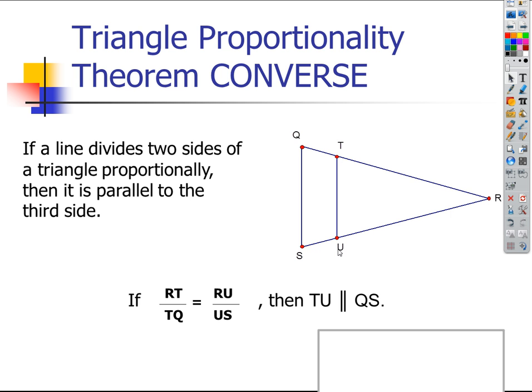If this line right here has cut this triangle proportionally, how must it be related to that side? What do you think? It's got to be parallel. Yeah, so we can read that one either way. The converse is also true.